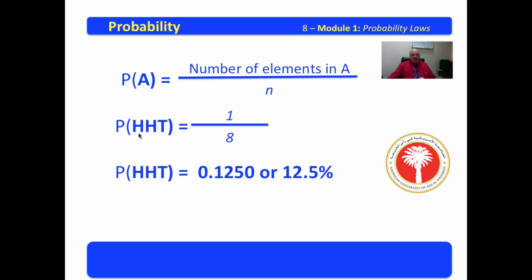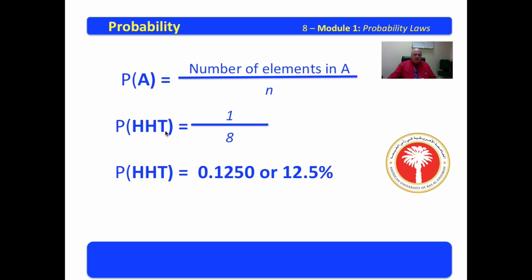For instance, in our past study, what is the probability that we flip a coin 3 times and we get a heads, heads, and then a tails? We notice that there's only one outcome that matches this requirement. There were 8 possible events. One event matched it out of 8 possible events, so 1 divided by 8 is 0.1250 or 12.5%.